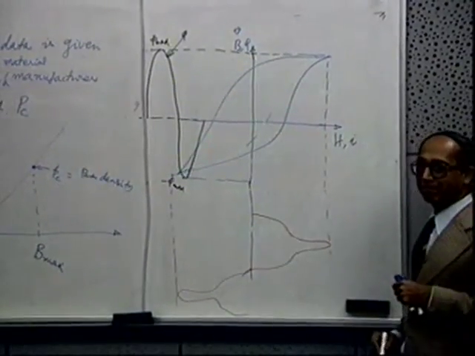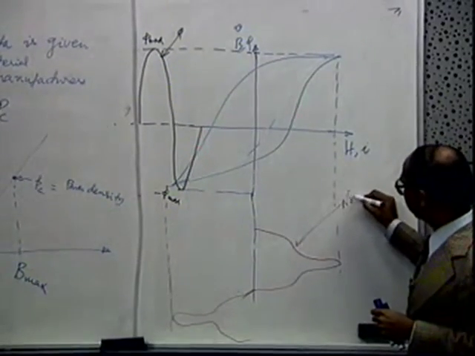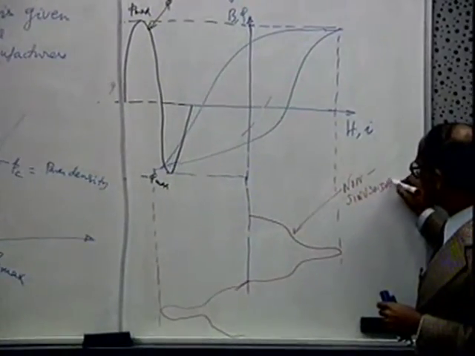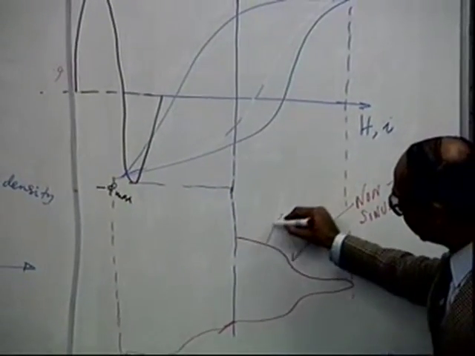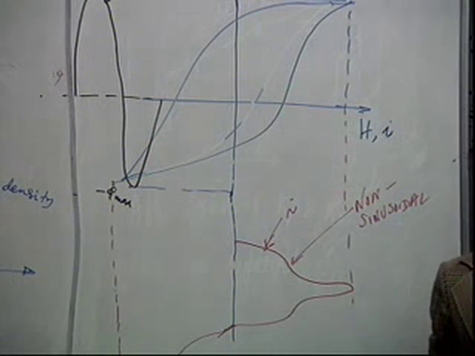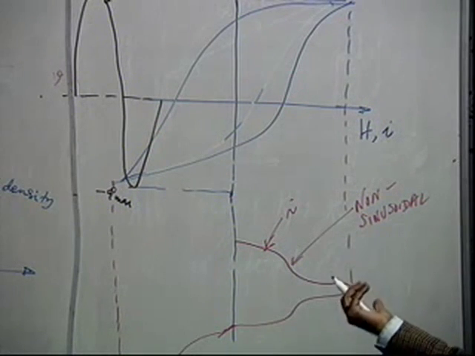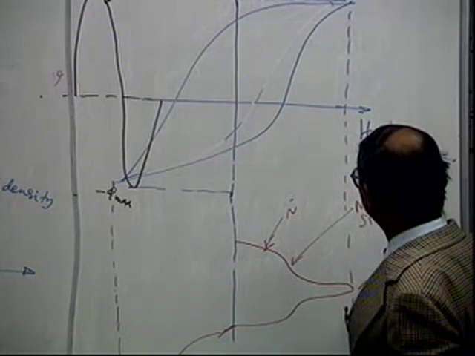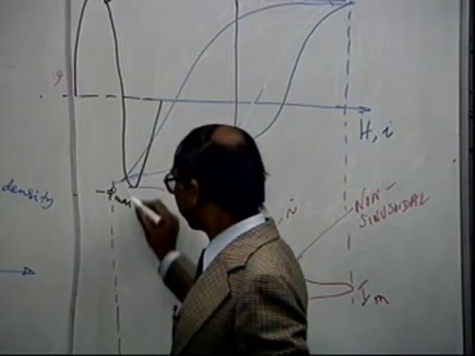So this will not be sinusoidal. The current here, this is current. If you actually look at the waveform of a current in an AC magnetic circuit, it is like this, because of course this will be I max, the maximum value, and this will be minus I max, corresponding to this.